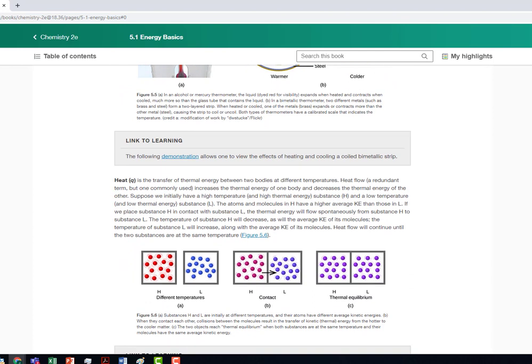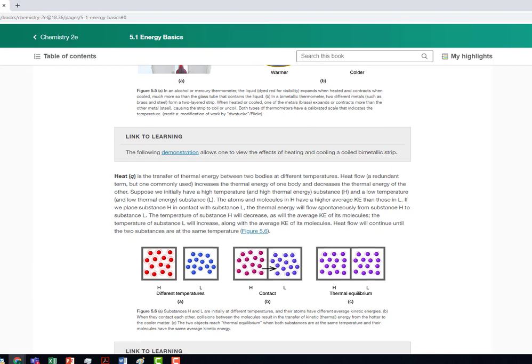So this idea of thermal energy is a measure of the random movement of the particles in an object.